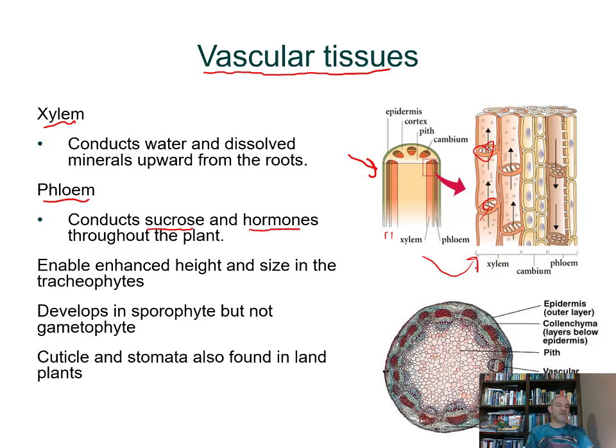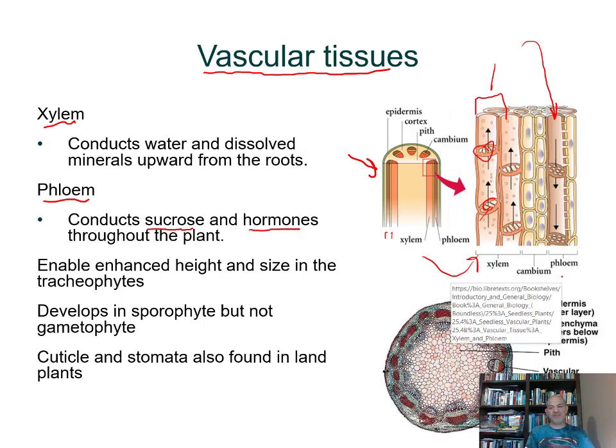There's some distinction between the kinds of cells that you find in there. The key, though, is that when these cells mature, they're dead. They just have the cell wall left behind, and that's good enough to conduct water up. So the water and the minerals come up here, go to the leaves, and then in the leaves, the water gets pulled back in and then comes back down the phloem. And the phloem is made of living cells.